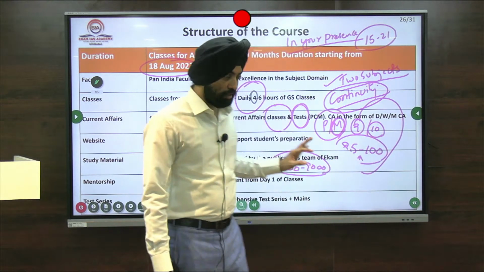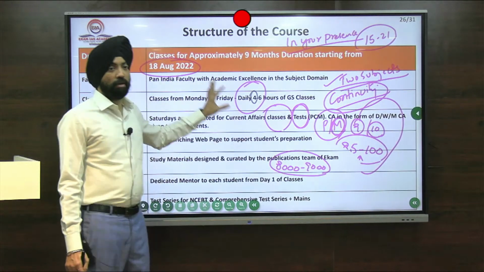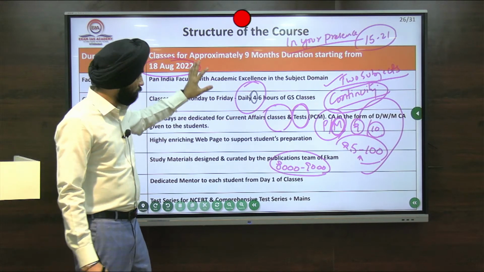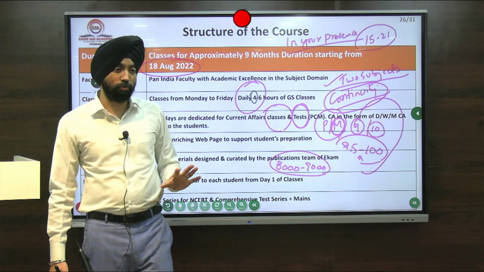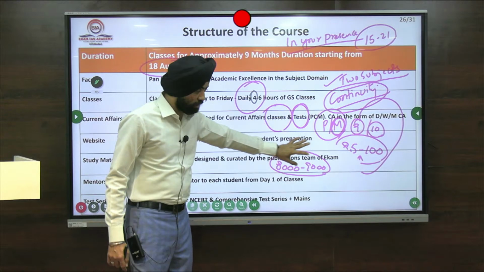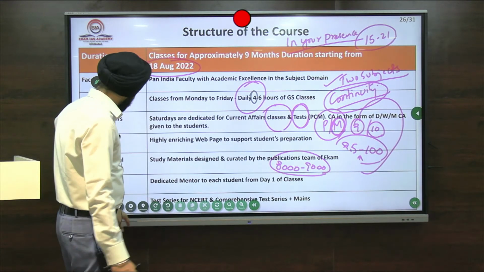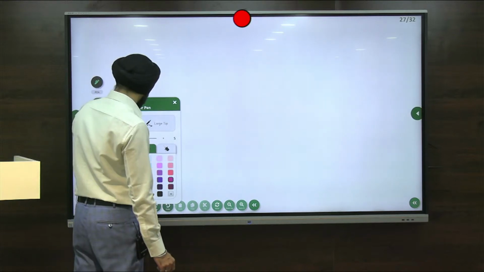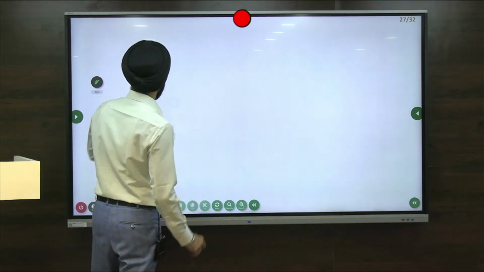That's all. Other than that, my study material, my daily current affairs, my weekly current affairs, my monthly current affairs, my NCERT gist, I give you, other than these 8,000 to 9,000, 5 different areas, very important, 5 different areas I will give you study material.